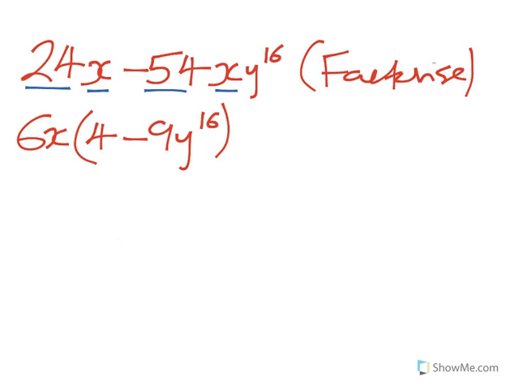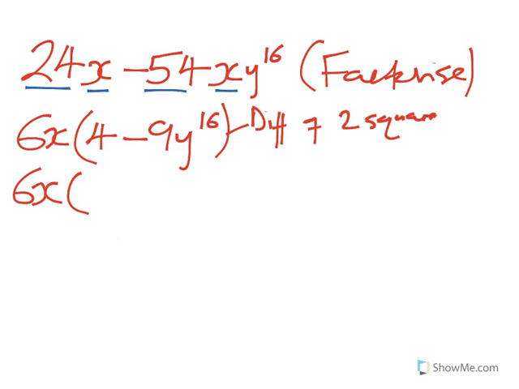Now with that, you've got 6x, and this will give you a difference of 2 squares. Why am I saying that? Look at it: 4 is 2 squared, 9 is 3 squared, and y to the power 16 is y to the 4 squared. So everything can be put in squares.